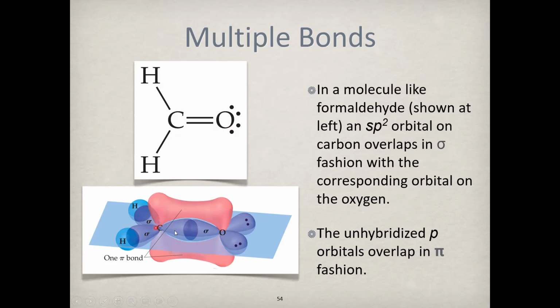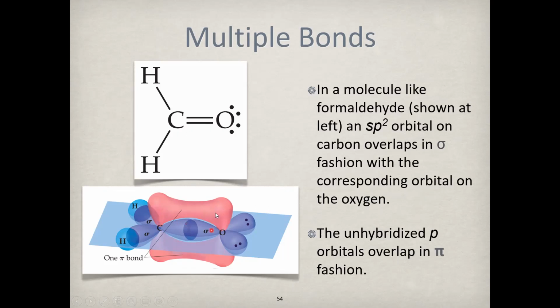So we've got those 3 orbitals, one of them going to the hydrogen, one of them overlapping with the second hydrogen, and then the third is overlapping with oxygen to give us those sigma bonds. But in this case, we've got a double bond. So what we're going to see is we've got the pi overlap between those 2 atoms as well.